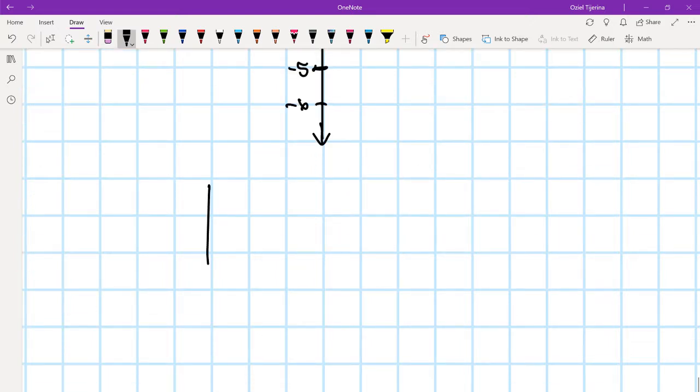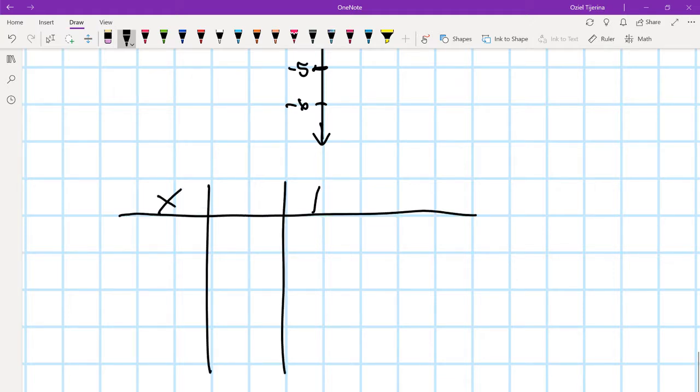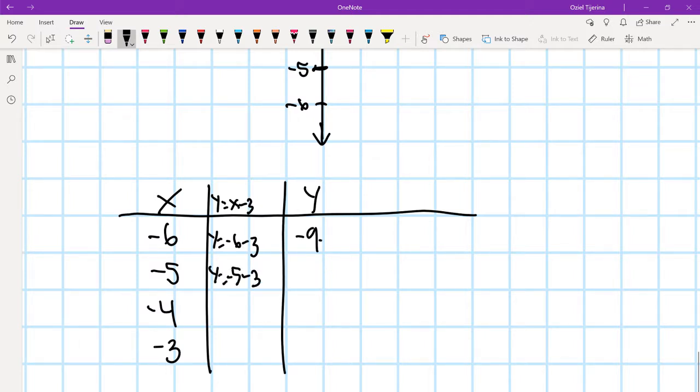So if you're not good at graphing linear equations, you can always do, for example, for -6, if you plug in -6, how much is that? That's going to be -9. If you do -5 minus 3, -8. If you do -4 minus 3 is going to be -7.